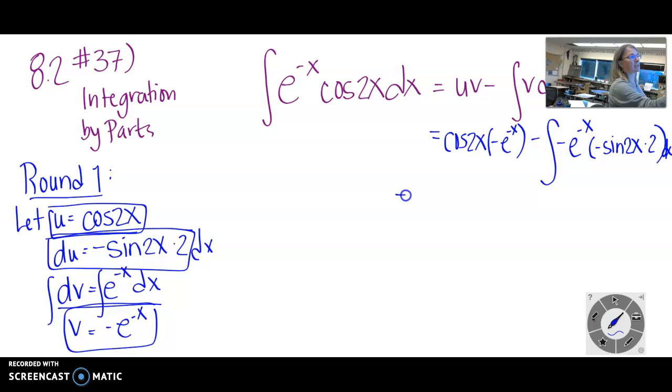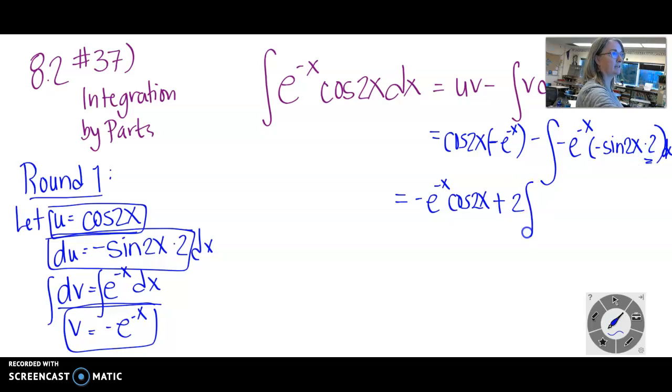Okay, so I'm going to just hash this out a little bit. I'm going to pull this negative out front, and the negative e to the negative x. Let's just bring that whole thing out there. Cosine of 2x. And then what do I have? A triple negative, so it ends up being plus. And I'm going to take this 2 outside.